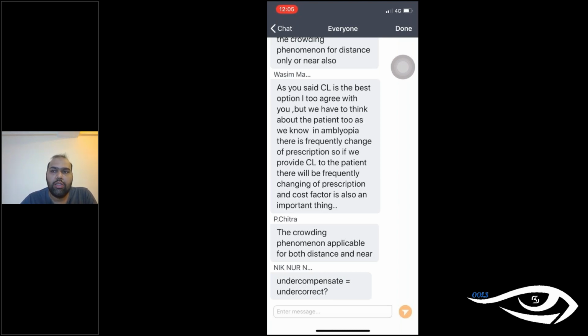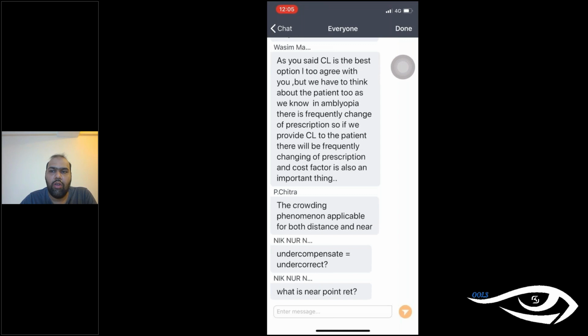Yes, that's also something new. I think VTS5 or Binox has that facility, where patients can buy the software, play the games at home, and you as an examiner can monitor it at your office. I think that is a good advancement in amblyopia treatment.